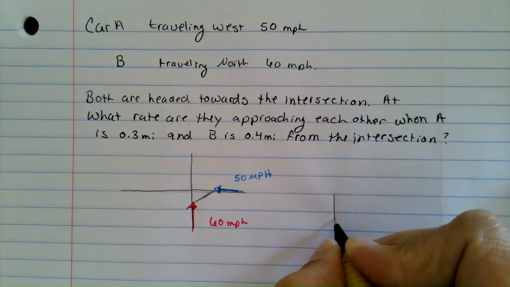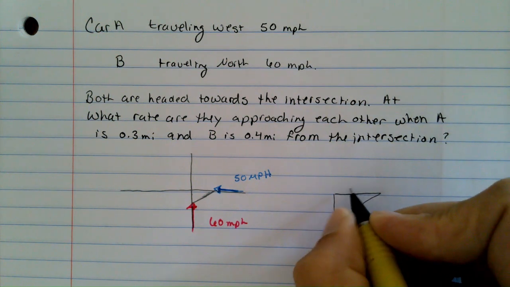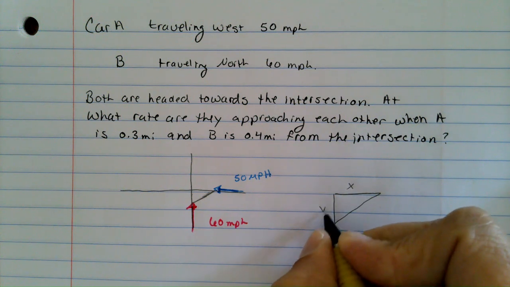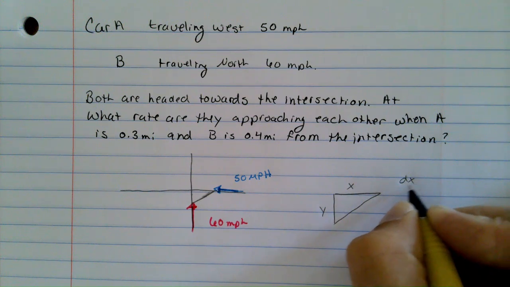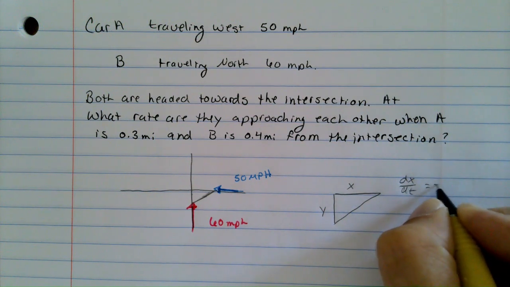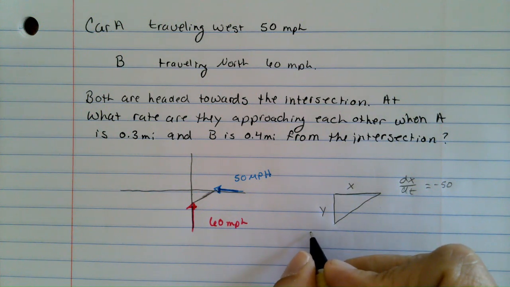So when I look at this part, we've got our x, we've got our y. X is getting smaller at negative 50 miles per hour because that's how fast it's getting smaller. Y is also getting smaller.